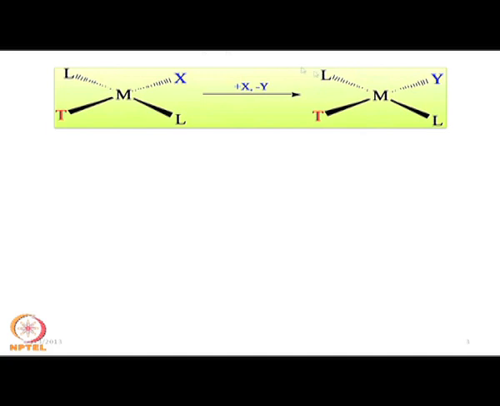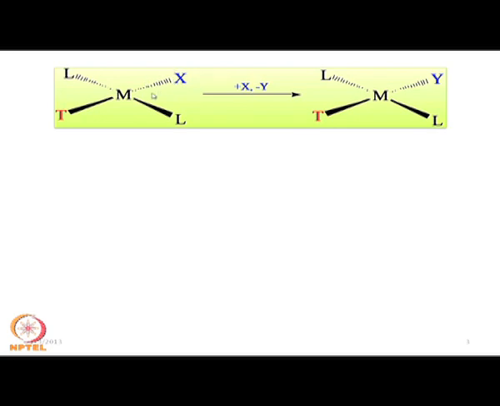So, if we see that this is the trans ligand, and this is minus X and plus Y. So, we are removing X and we are attaching Y. This particular T can show some effect such that your M-X bond is weak and X is departing from the molecule, giving rise to some vacancy at this particular point.